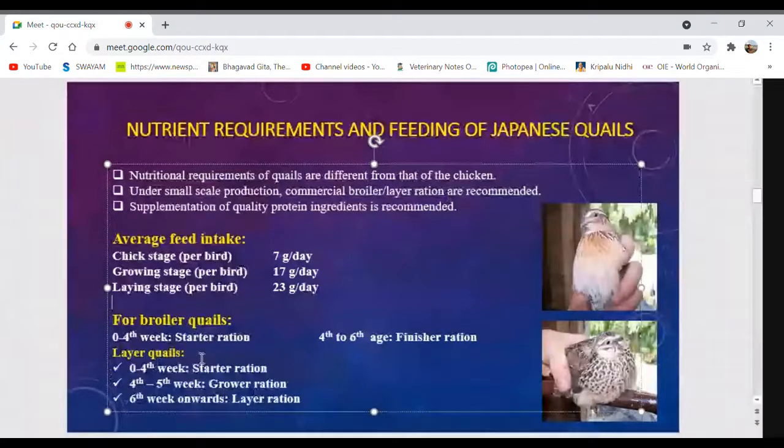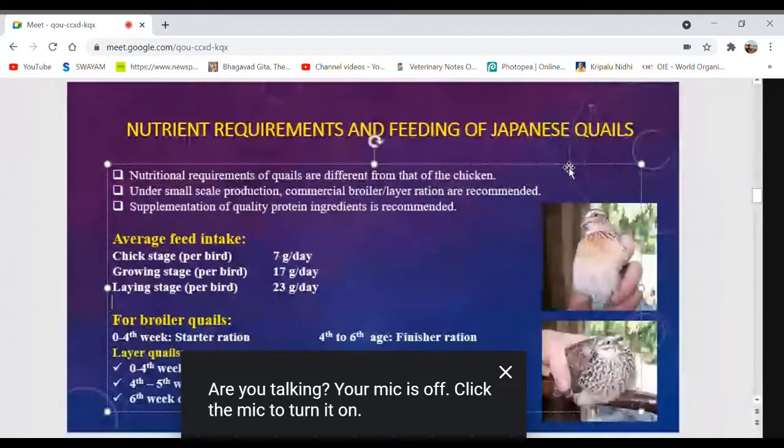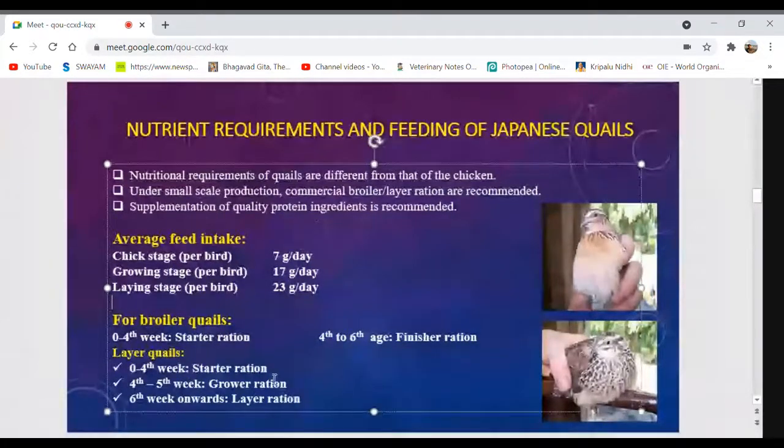This way we can use the same commercial ration, and since they intake very little, the requirement will be less. These things you just remember here. Supplement quality is recommended. This is another point. Average intake during the stage: 7 gram per day in the early stage, growing stage 17, laying stage 20.